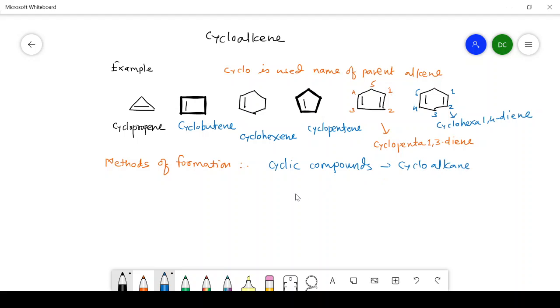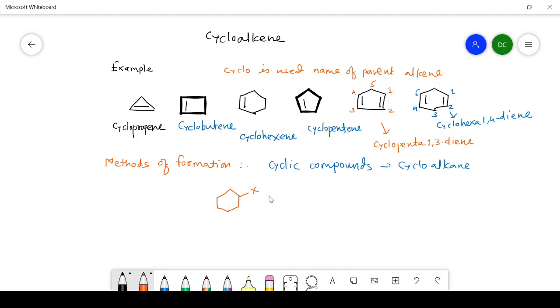Therefore, the different methods that we are going to see start from a cycloalkane, and one similar strategy is used in all methods of formation, in which a cycloalkane is taken and it has a group which is eliminated.